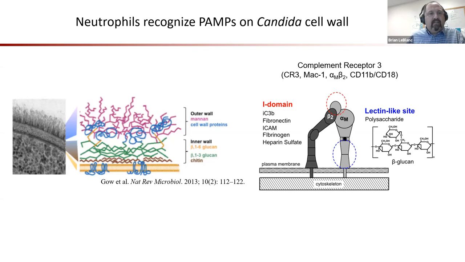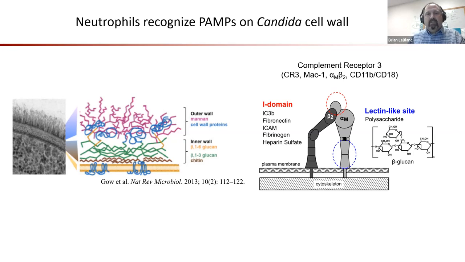So just looking at the cell wall of Candida itself, it is a complex cell wall containing a bunch of different components, where you have an outer wall of mannan and proteins, and underneath that you have your glucans and chitin. And neutrophils have molecules on their surface that can recognize these fungal molecules, specifically an integrin called CR3, or complement receptor 3.